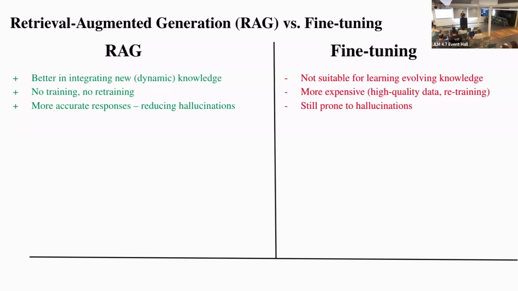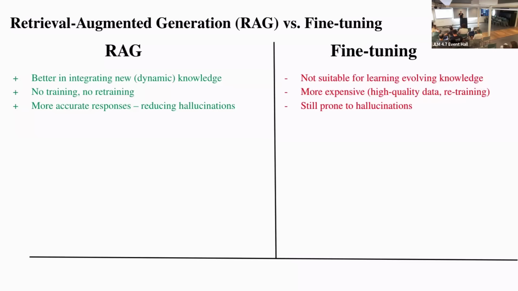And also with RAG, you have more accurate responses, and it reduces hallucinations much more, because think about it, in RAG the answer relies on a specific document. It also helps with explainability, because you can track where the answers come from. And it reduces hallucination because you give it a specific document and it should rely its answer on this document.